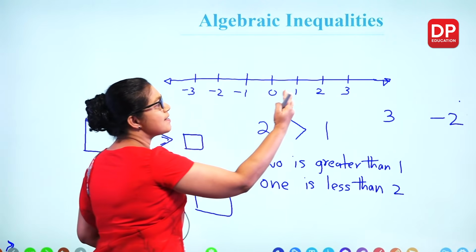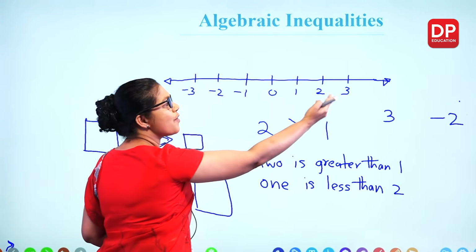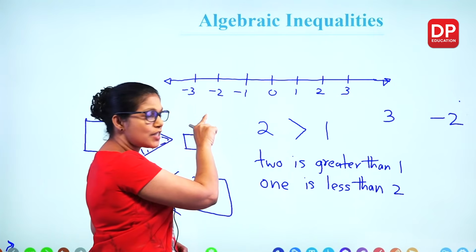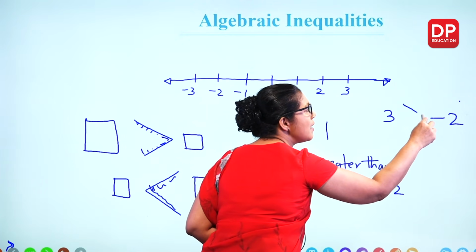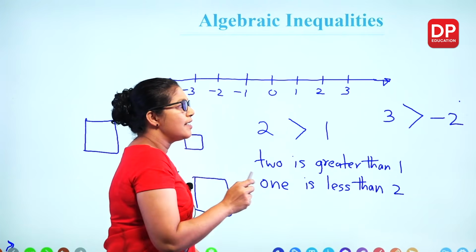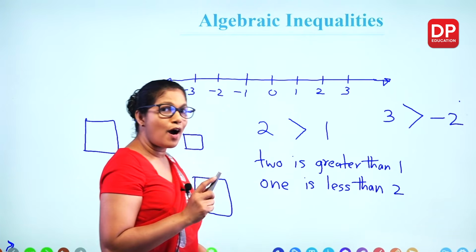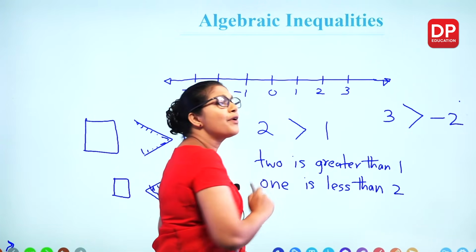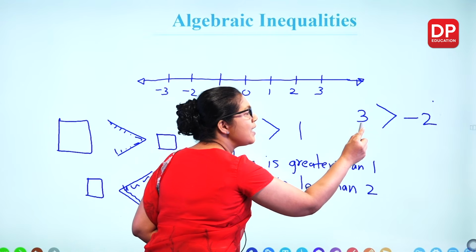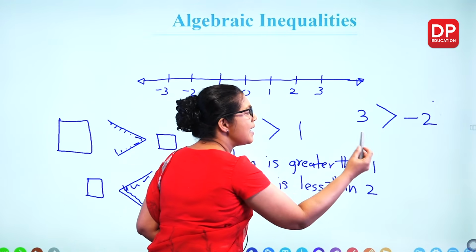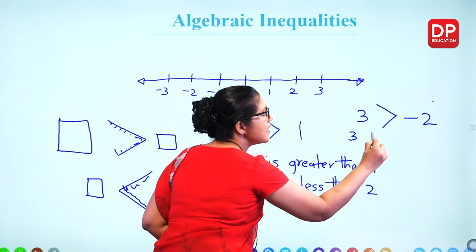So which one is to the right? 3 is right to the minus 2. So here this number is greater. So the open side of the mouth is towards 3, because 3 is greater. So we can say 3 is greater than minus 2.